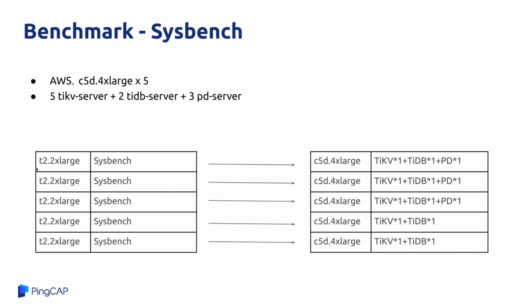And notice that we have 5 Sysbench nodes. Each node is a T2 2x large machine, and we open 5 Sysbench processes on 5 nodes and send the benchmark in parallel to this cluster.